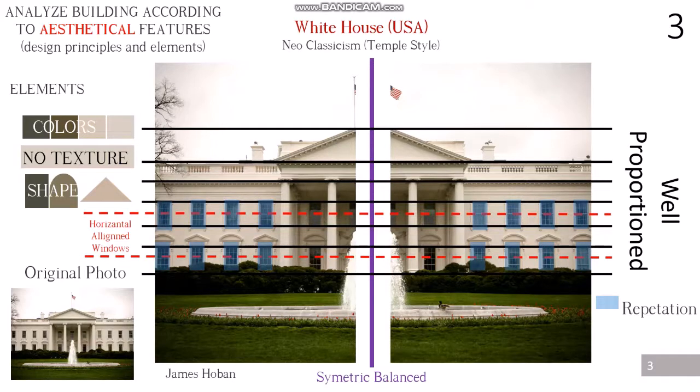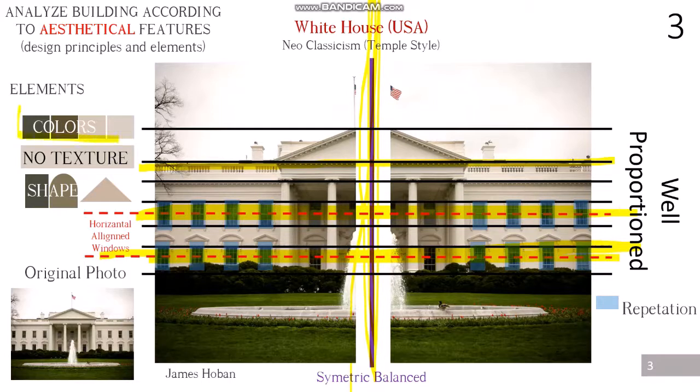And if we look at aesthetical features, we can again see a symmetry and a strong balance in this building. Again, the horizontal alignments of windows create a good proportion in this building.